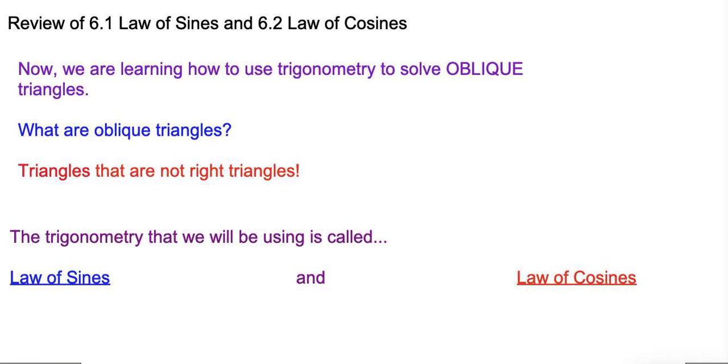So let's review what law of sines and law of cosines are. Our rules state that for the law of sines, sine of an angle measure, let's call it A, over lowercase a. Now let's remember what this means. Lowercase a is a side length, and it is opposite from capital A, which is an angle measure.